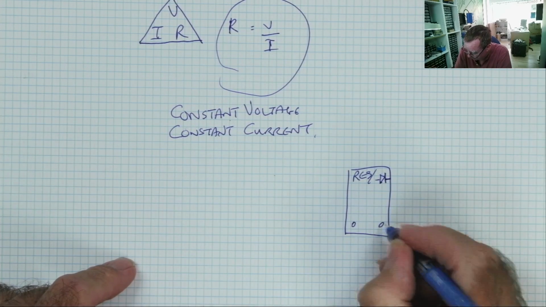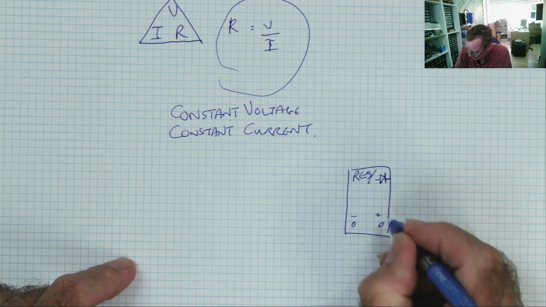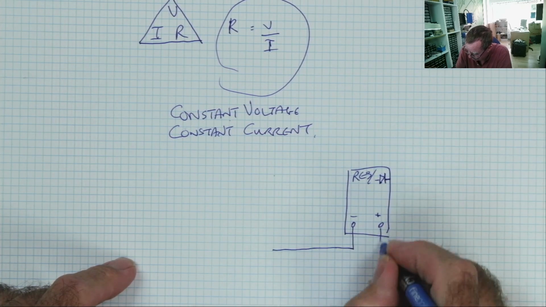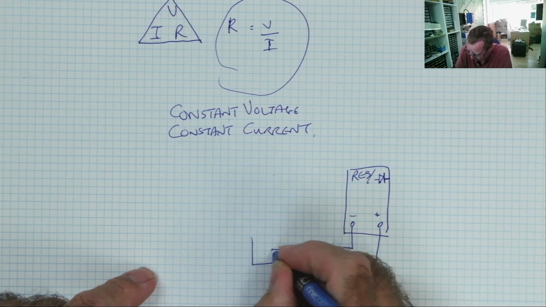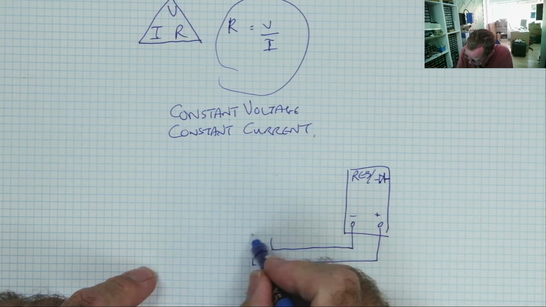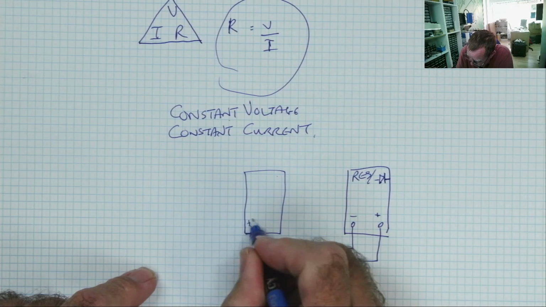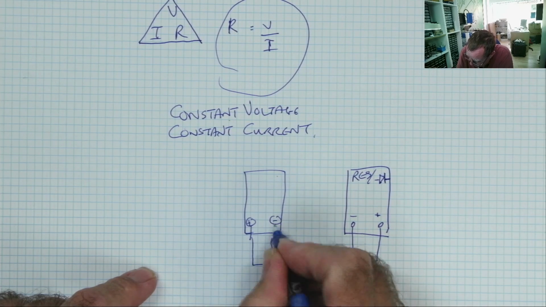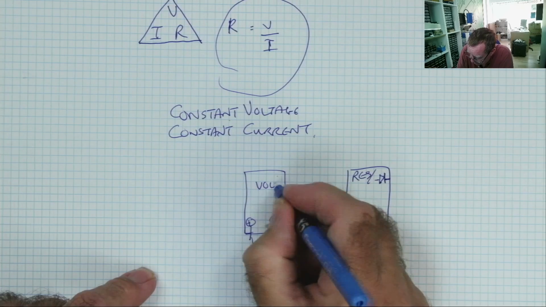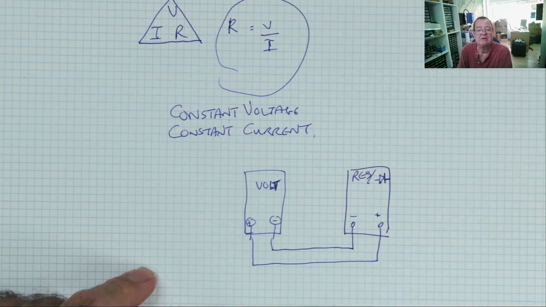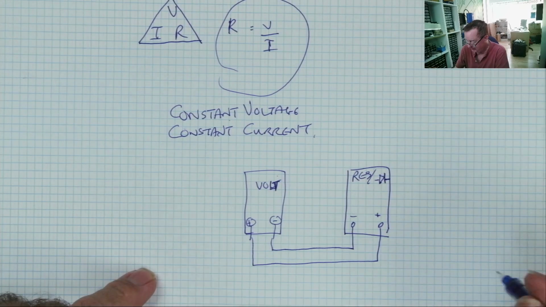So from your minus and plus here, I'm connecting to a voltmeter. And I'll draw the terminals the other way around because it's easier. So on here, plus, minus, here's my voltmeter.